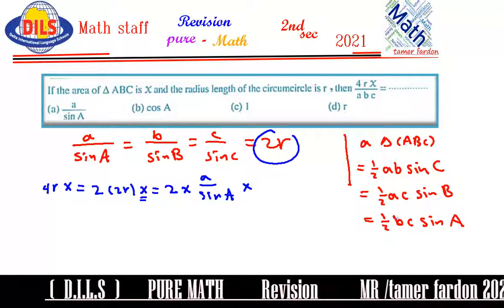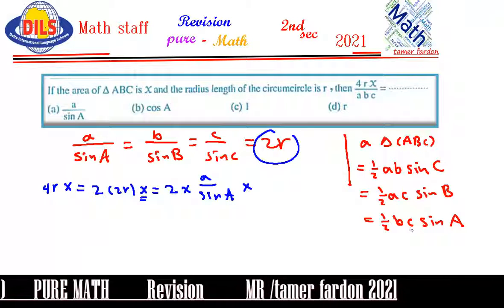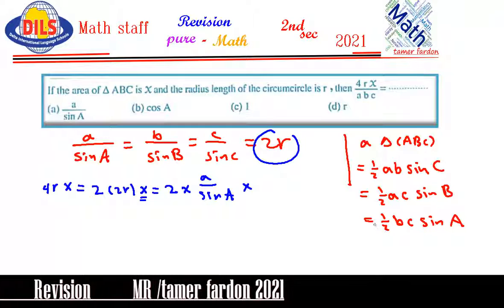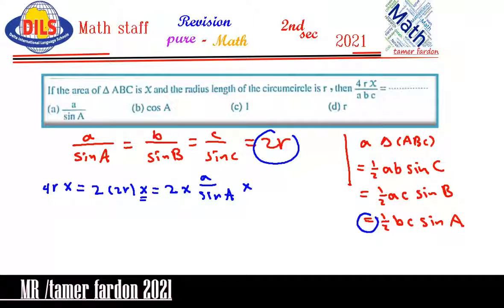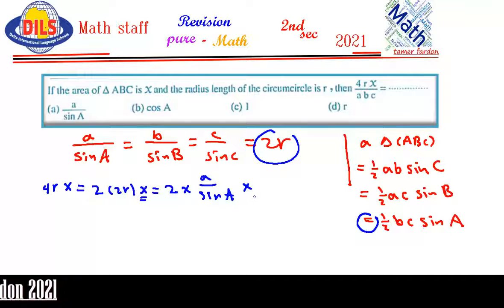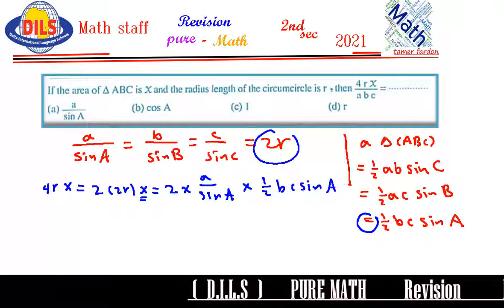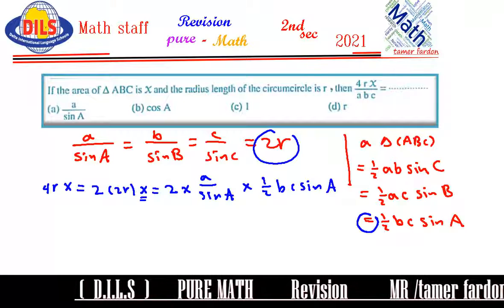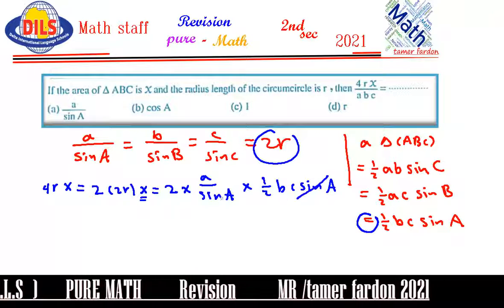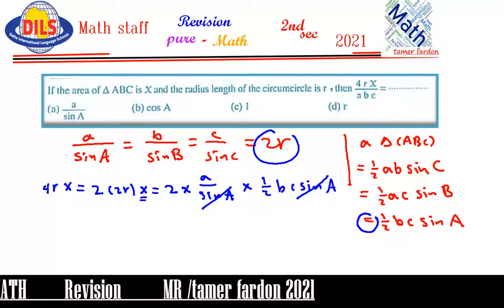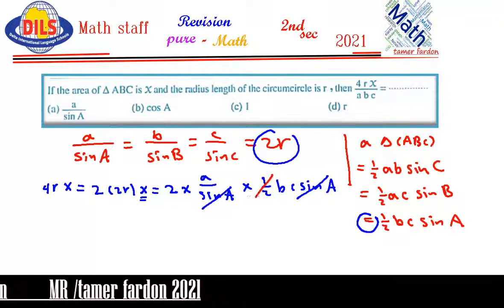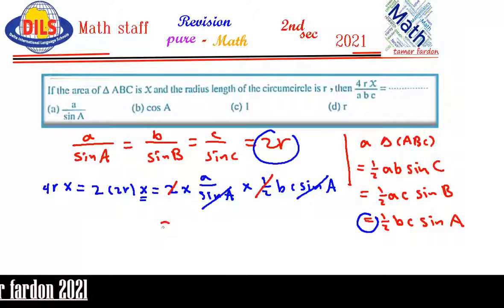I will choose the one in which sin A appears, which is number 3. So we get 2 times a over sin A times half b c times sin A. To remove sin A with sin A, also we can remove half with 2 to get a times b times c.